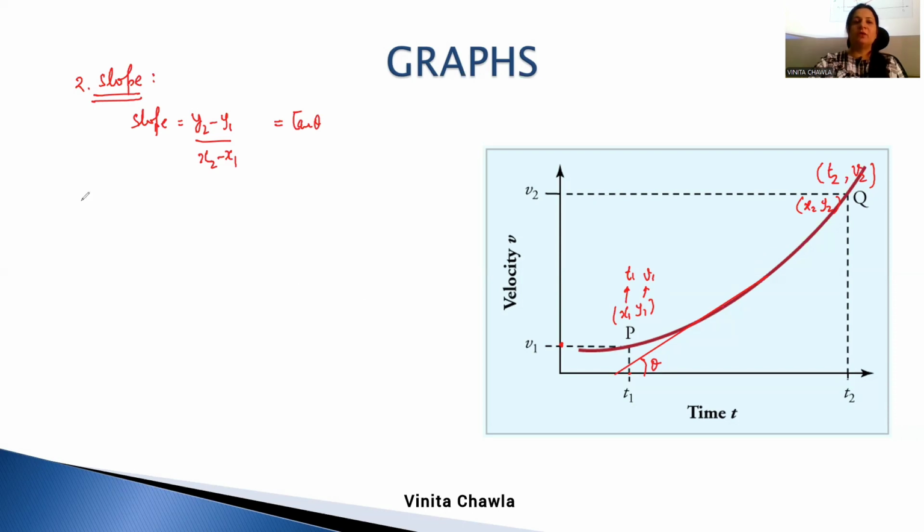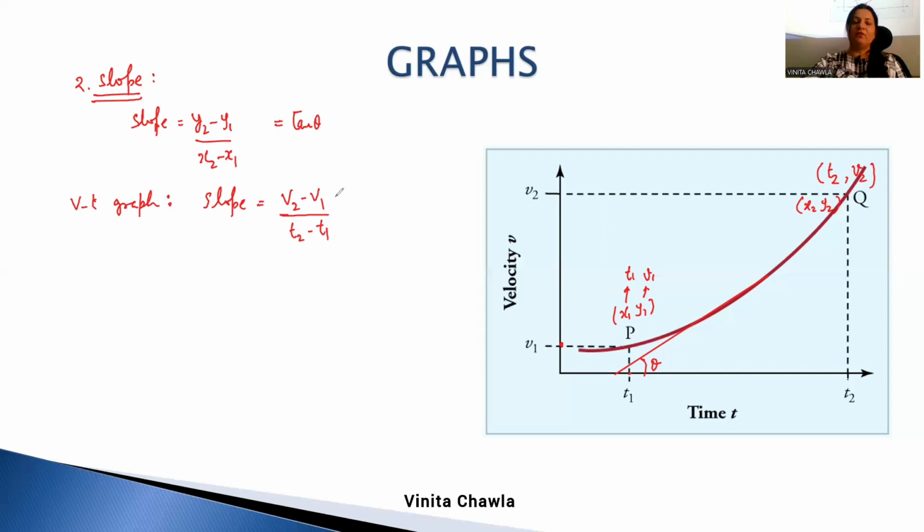Okay, so in this particular case for the given VT graph, we have slope equal to, what is y2? It's v2 and y1 is v1, x2 is t2 and x1 is t1. So it's v2 minus v1 upon t2 minus t1 for this particular graph.